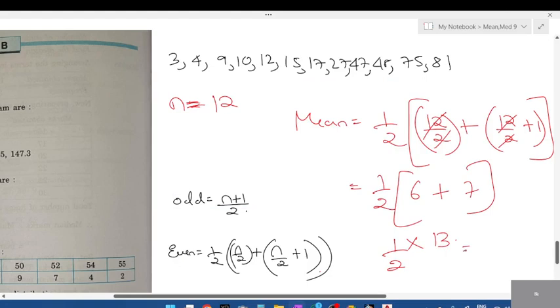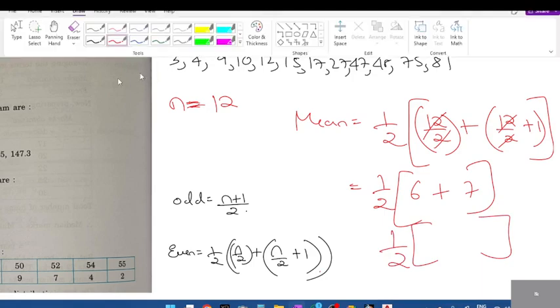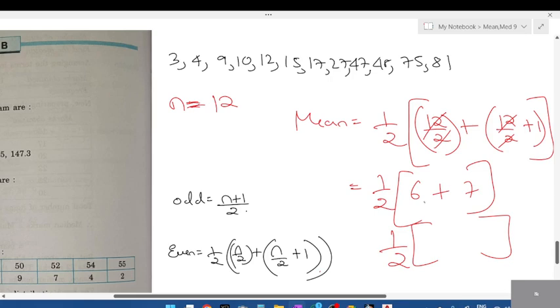6 plus 7 is 13. What is 13 divided by 2? No, not like this. Sorry, just a minute. See, you shouldn't add 6 plus 7. The formula is half into the sixth observation plus the seventh observation.